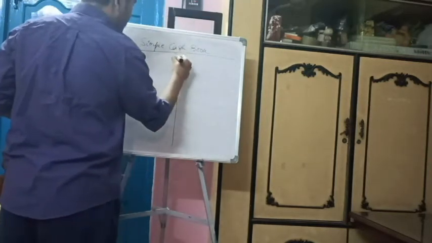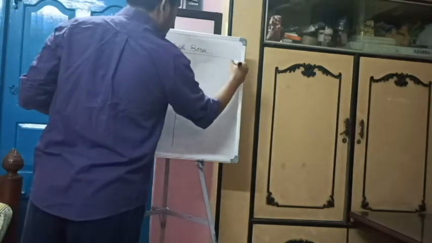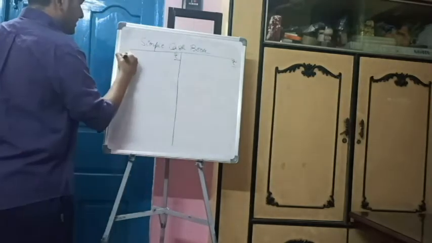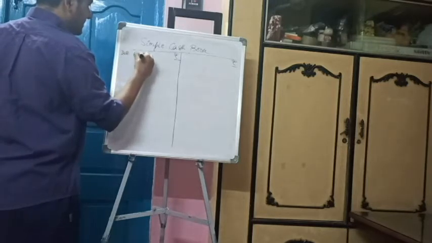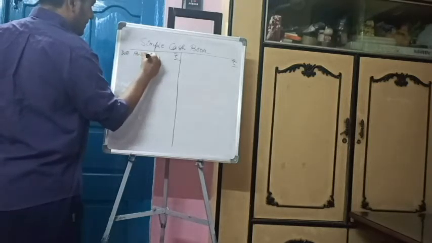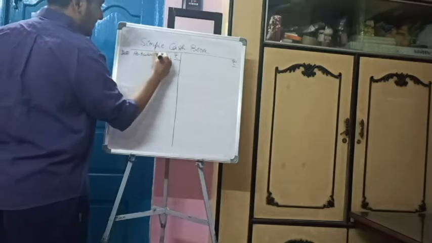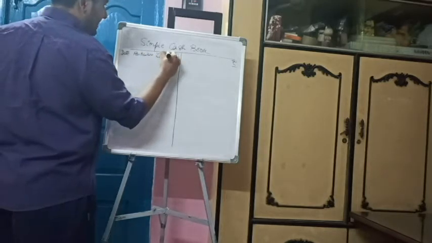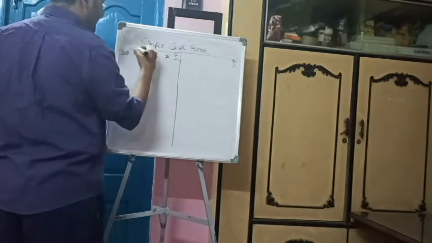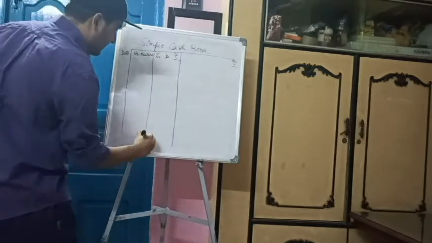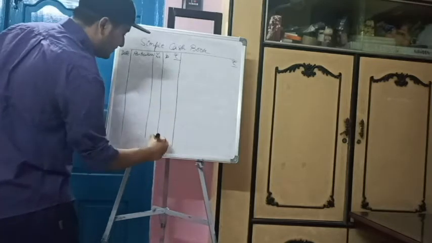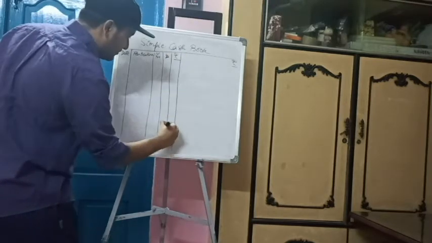Rupees, date, particulars, voucher number. V number means voucher number and LF means ledger folio, that means this balance is carried to the ledger folio. So this is the format of the simple cash book or single column cash book.